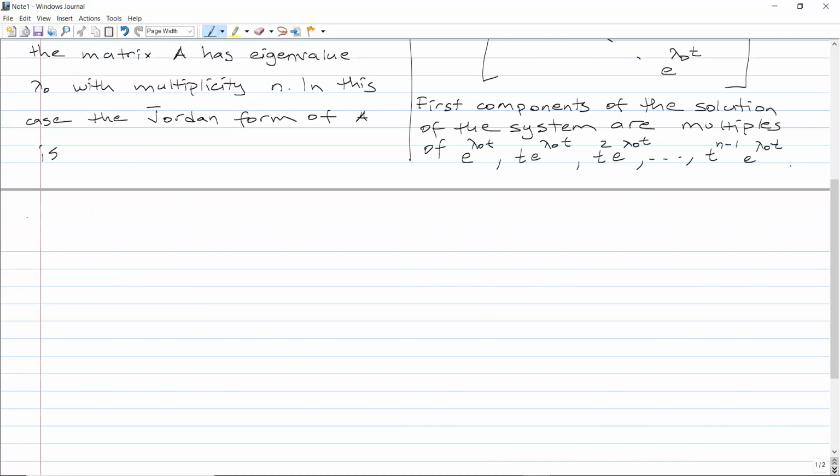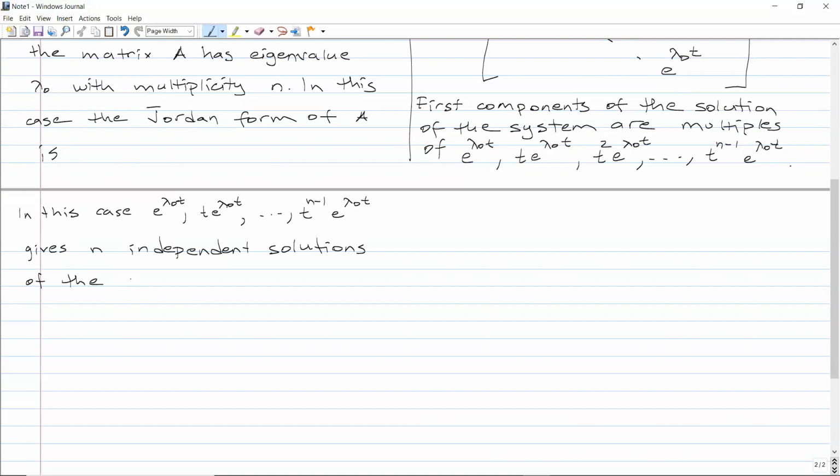So in this case, the functions e to the lambda 0 t, t e to the lambda 0 t, up to t to the n minus 1 e to the lambda 0 t, give n independent solutions of the differential equation.